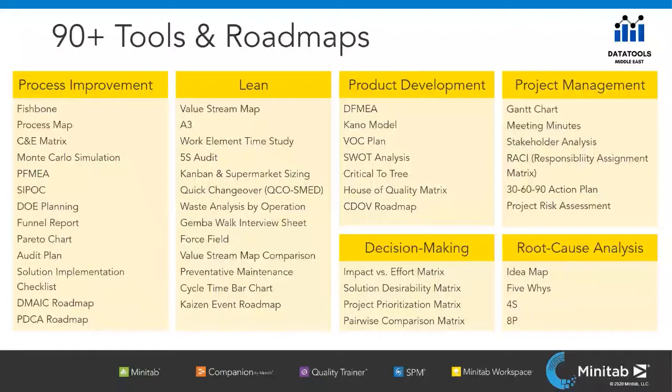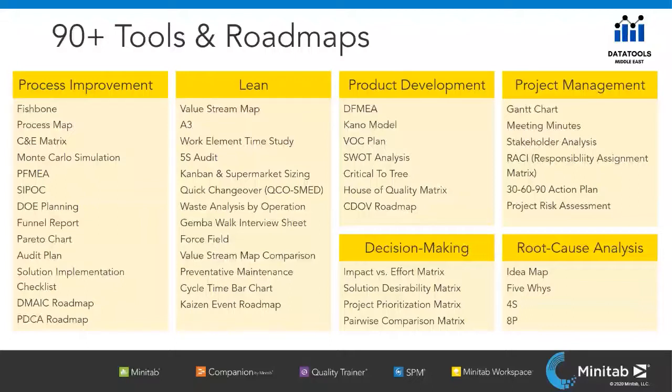And on the project management side of the tools, there is a Gantt chart, and then there is a form you can capture minutes of meetings, and there is stakeholder analysis. There is an action plan for tracking actions, and then we have a risk assessment also.